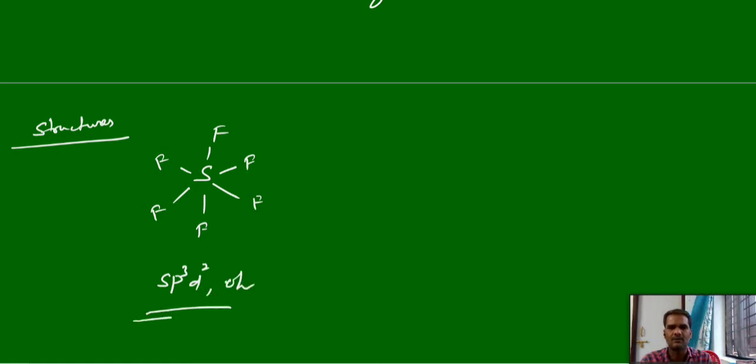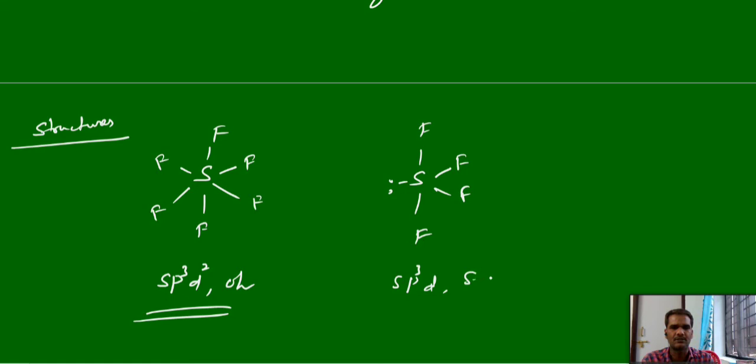Hexafluorides are sp3d2 octahedral. Tetrafluorides, like sulfur tetrafluoride, the geometry is like this. We have one lone pair. It is sp3d hybridization, seesaw geometry.